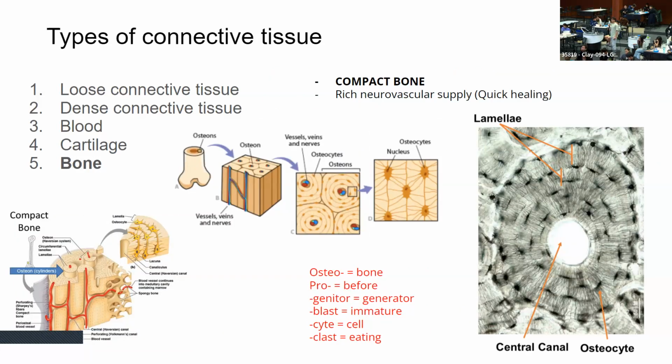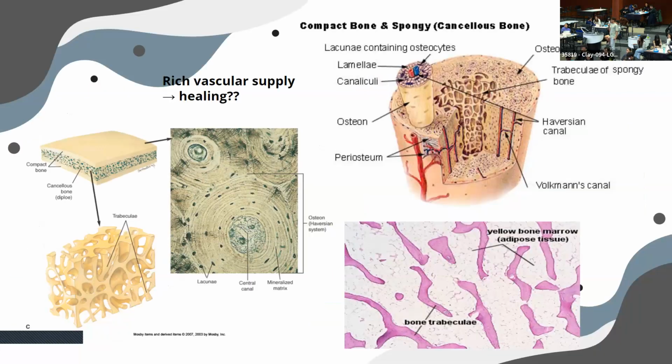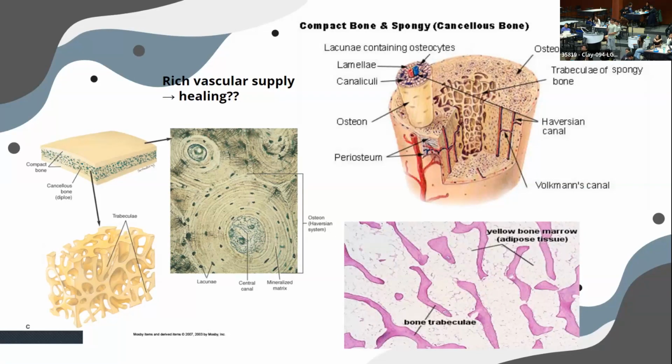If you want to take a look at these pictures a little bit, you can see that we're looking at some compact bone here. You can see that the osteocytes, there aren't that many of them, but they are stuck within their concentric lamellae, and they just sit there maintaining their structure. In comparison to this, we've got our trabecular bone here, and you can see how it's quite different.